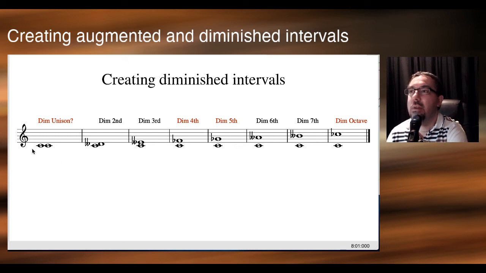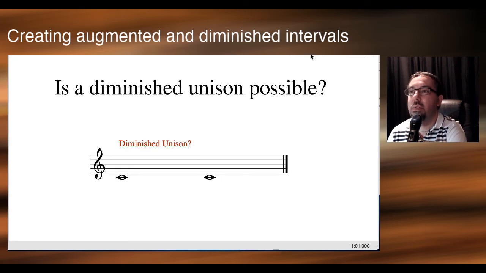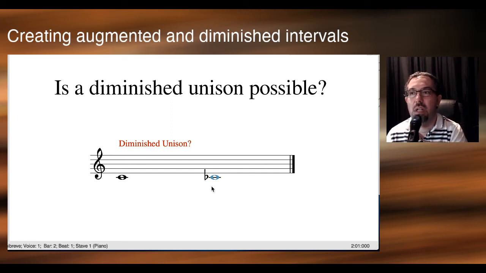Okay, let's come back now to this diminished unison. Let's have a think about this one for a bit now. So with most of these intervals, when you're lowering them, so if I lower this one, okay, in one way, some people agree that this is a diminished unison.